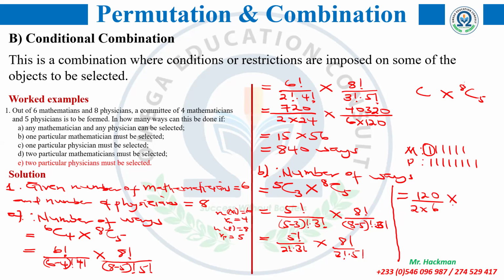Then the whole of that times 8 factorial, which will be the same as this, 40,320 over 6 times 120. This will give us 56 times 10. So in effect, you are going to get 560 ways.